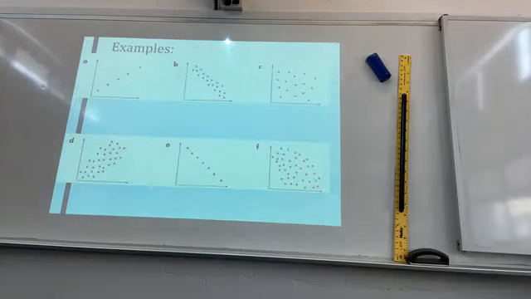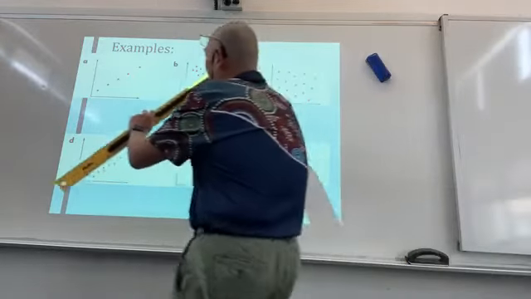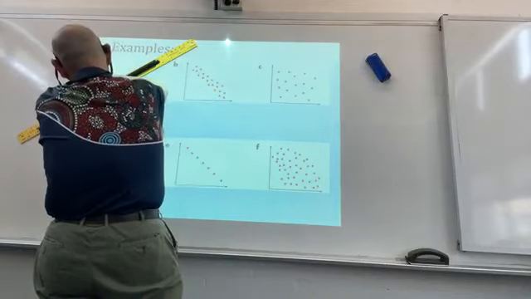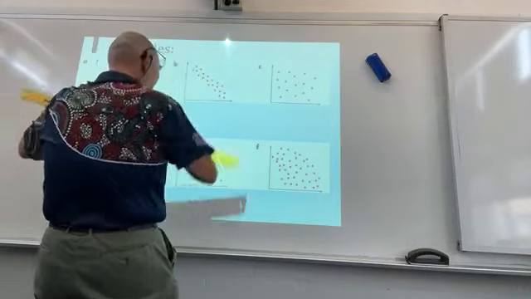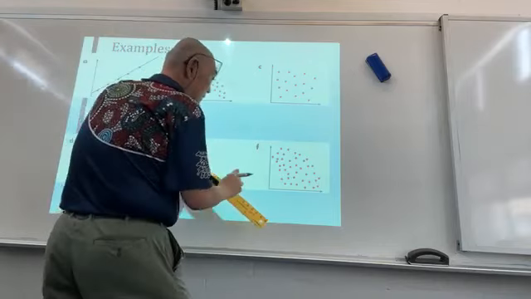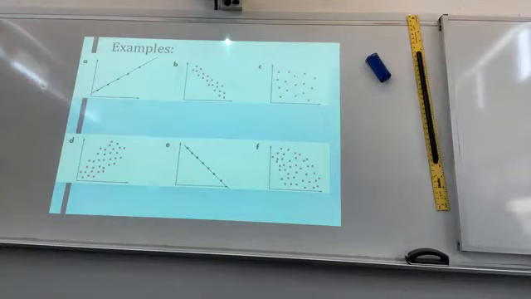So the example here: A, do you think it's very strong? Yes. And in fact, for A, if you draw a line, and probably E as well, the line actually goes through every single point.